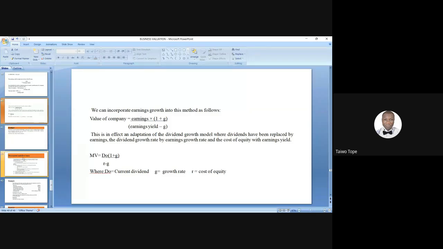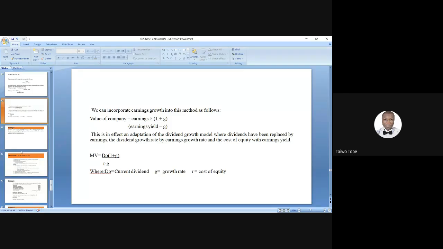That is the earnings basis, the earnings yield. If there's growth in your earnings, you can adopt Gordon's growth model. In Gordon's growth model, what do we say about that? Who can recall?